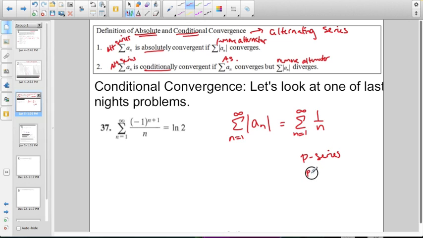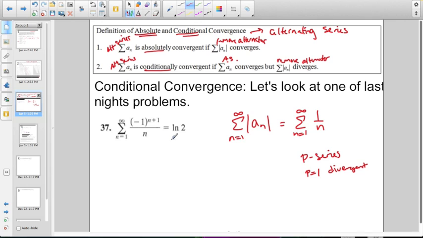P is equal to 1, so we know it's divergent because it meets the criteria for divergent p-series. So without the alternator, we have divergence. So we can't have absolute convergence because we already have a divergent situation here.